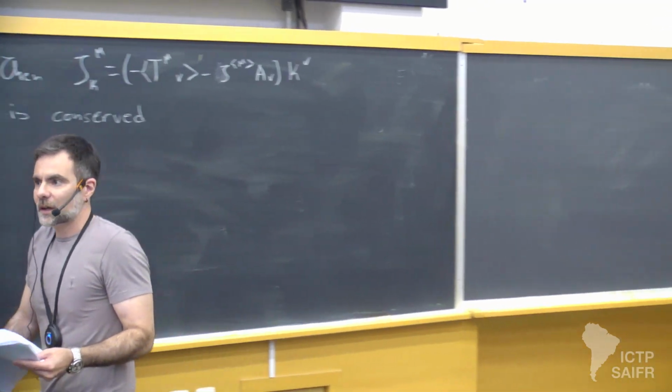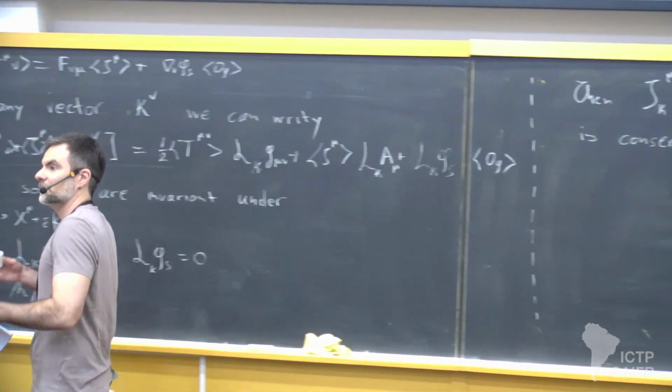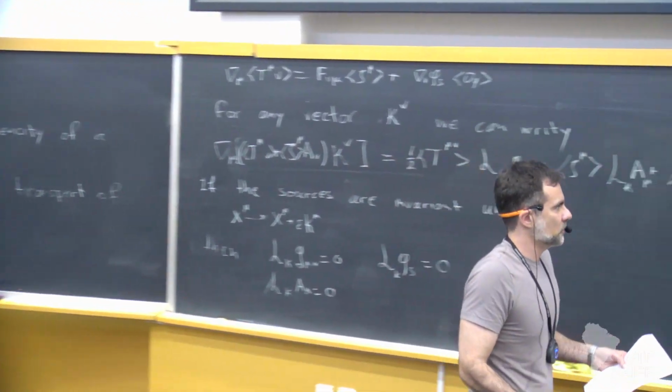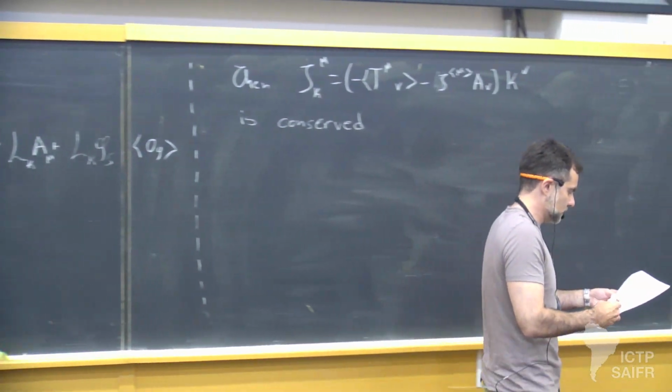So as long as I have some symmetries in the background, the metric has some symmetries, the gauge field has some symmetries, and the source has some symmetries, I can define conserved quantities.